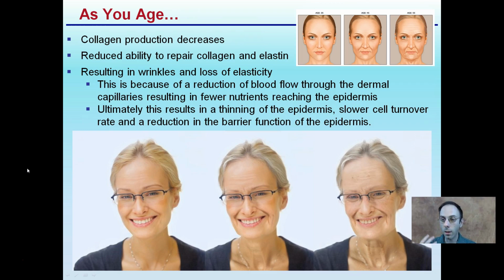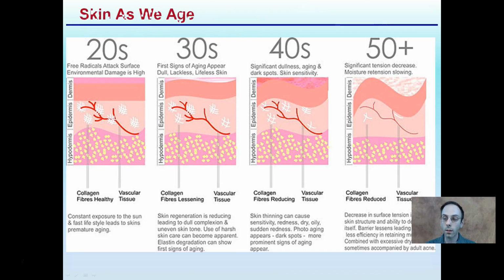Less nutrients means less chance of renewal, less chance of rapid growth and division. This is the thinning of the epidermis, which slows the cell turnover rate and reduces the barrier function of the epidermis. The epidermis still provides protection, but as we age, it provides less protection because it's getting thinner. That barrier is becoming less.